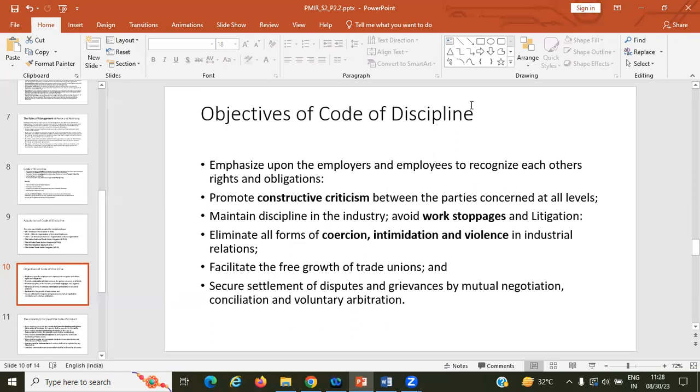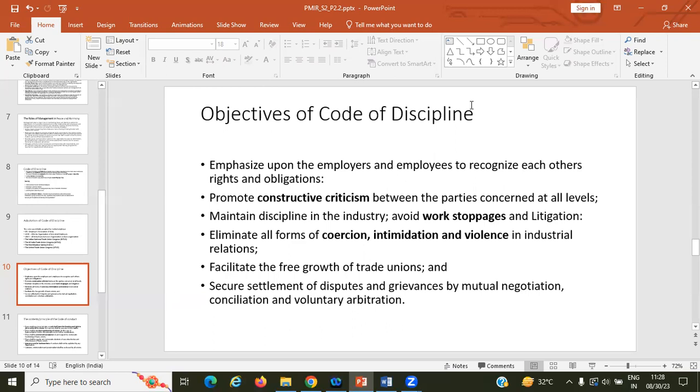So there is a settlement between you and me. There is no fighting required, where either I will lose or you will lose. Rather than that, if there is a mutual agreement between you and me, you will be benefited, I will be benefited. So that is one type of code of discipline.